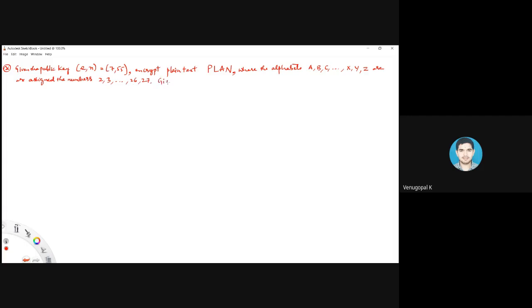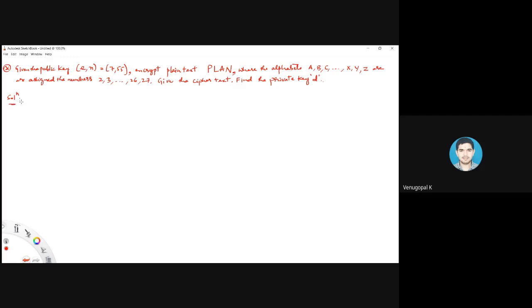Give the cipher text, and find the private key D. Okay, so this is the question.